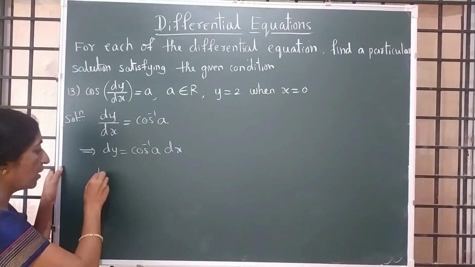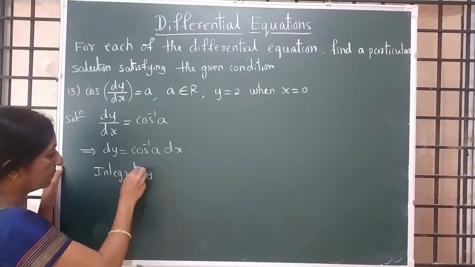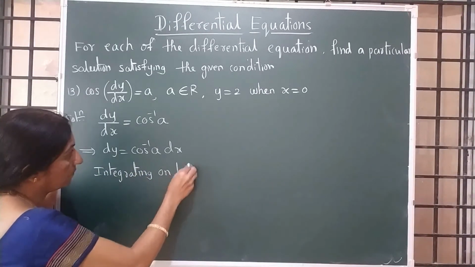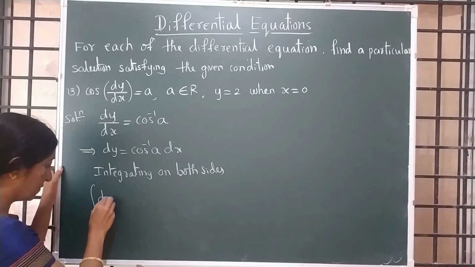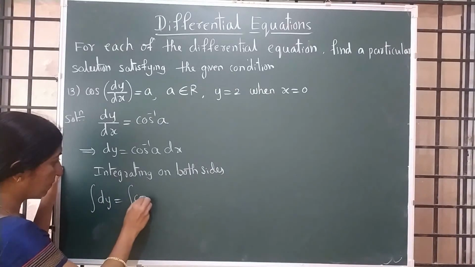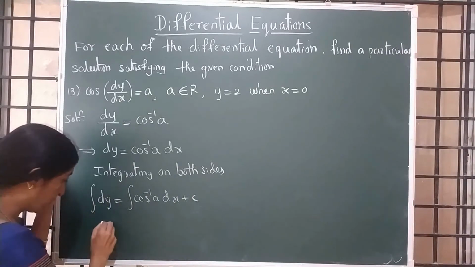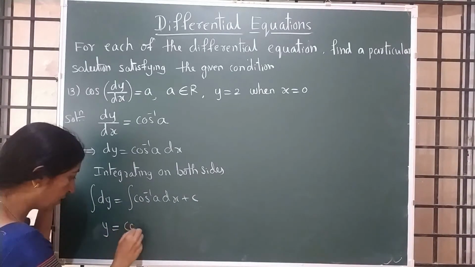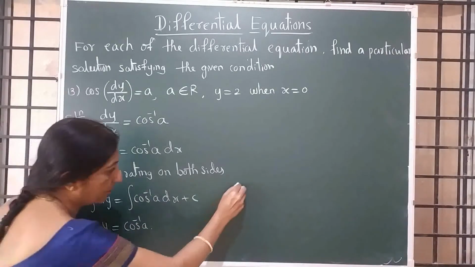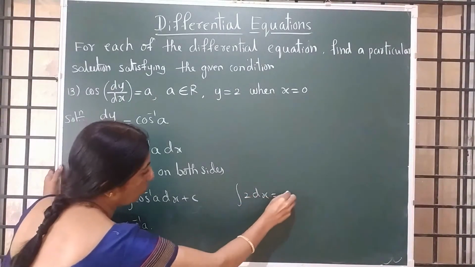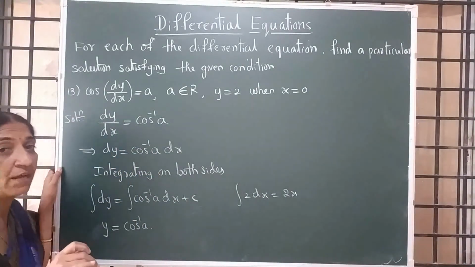Now we are going for integrating. Integration of dy is y. Cos inverse a is a constant, keep as it is. Integration of dx: it is just like if it is 2 into dx, what do you write? You write 2x. Like that. In place of 2 we have cos inverse a.